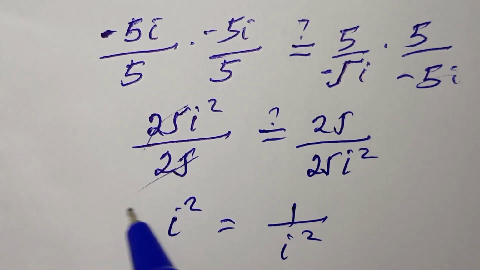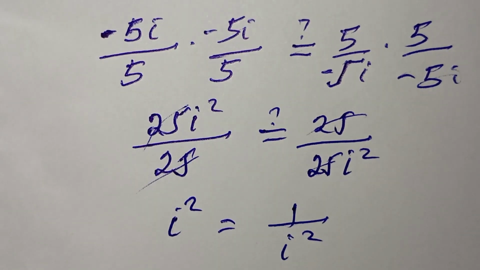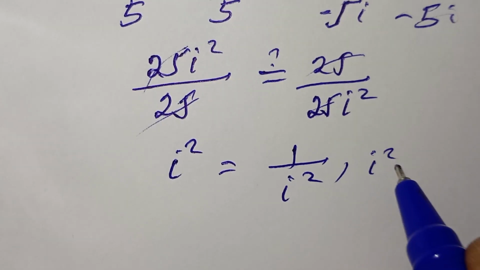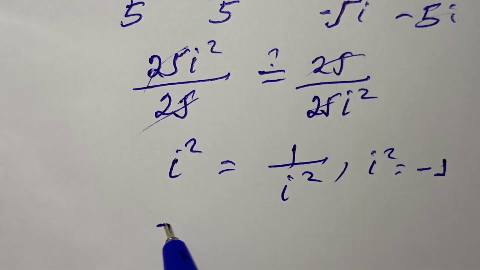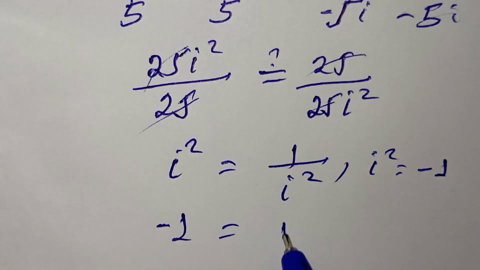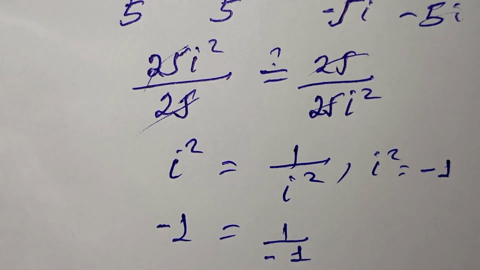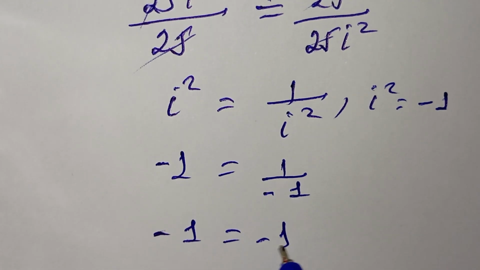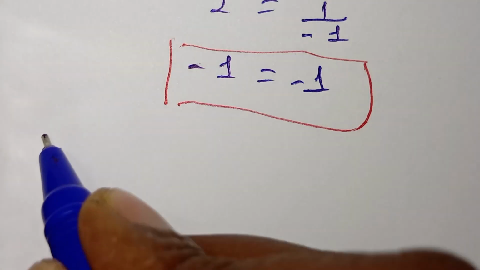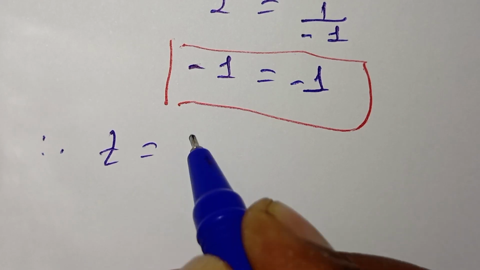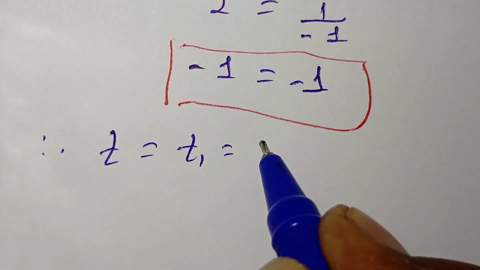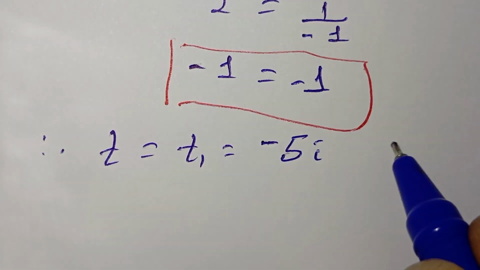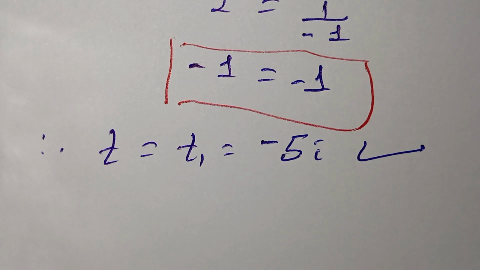Since this cancels with this one and this cancels with this one, i squared is the same as minus 1. Minus 1 is equal to 1 over minus 1, which is the same as minus 1 is equal to minus 1. Therefore, t is equal to t1 is equal to minus 5i is the right solution.